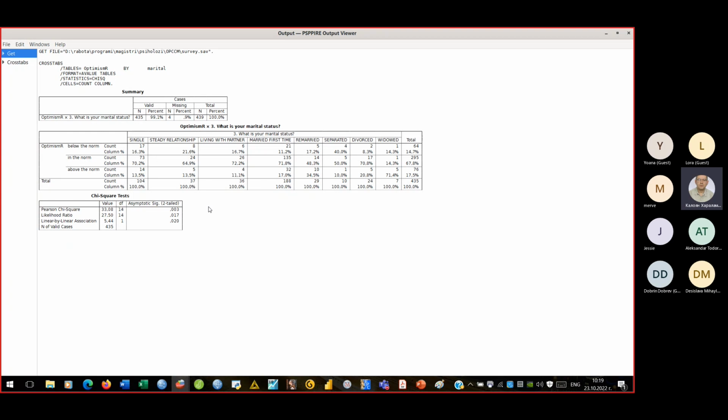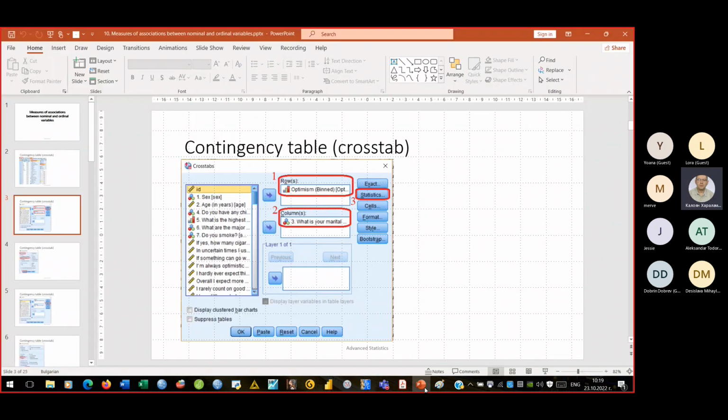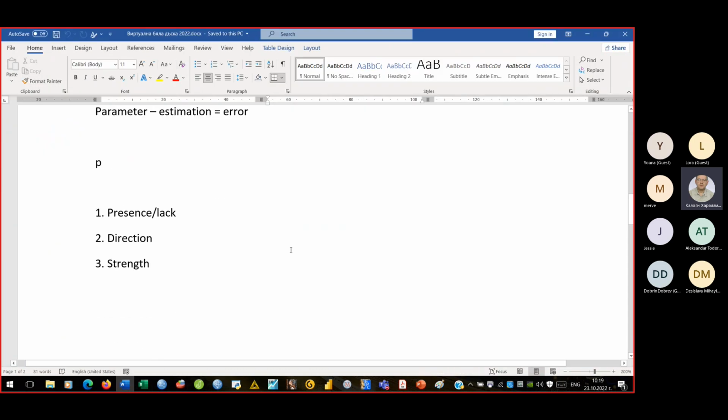So we must accept the alternative hypothesis. That means that the differences between marital statuses are statistically significant, and that means that there is a relation between marital status and optimism. And this was the first task, the first question about the presence or lack of relation.